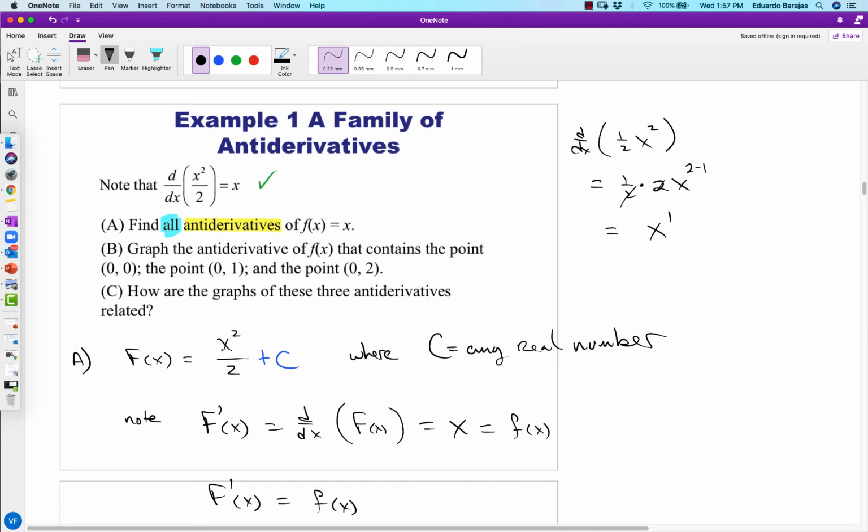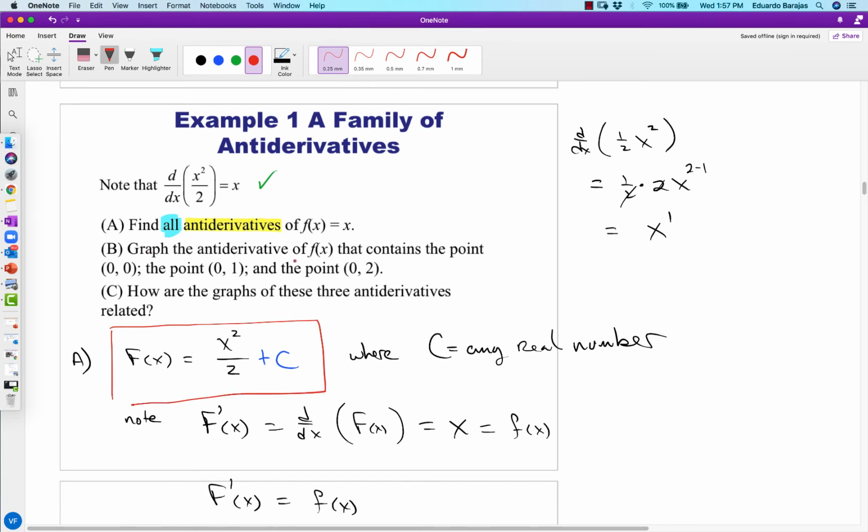Right? We can put x squared over 2 plus 1, x squared over 2 plus e, x squared over 2 plus pi. It doesn't matter. As long as this is some constant, we will have a function such that its derivative is equal to x. Okay, so that's the answer to part A. Find all antiderivatives. That's this guy.